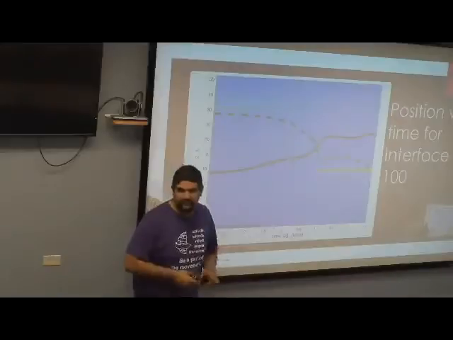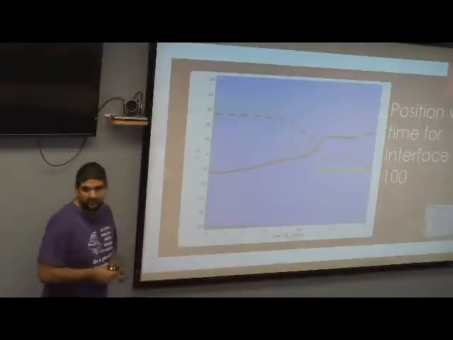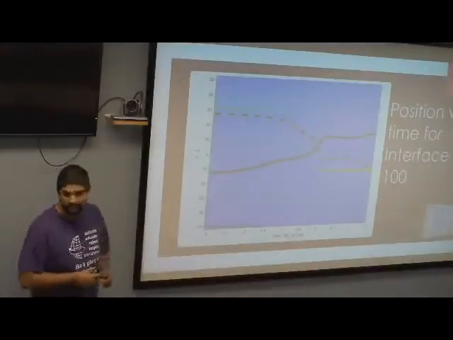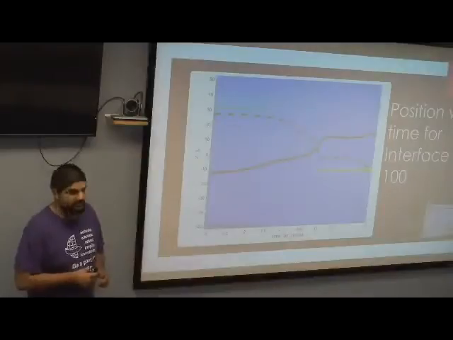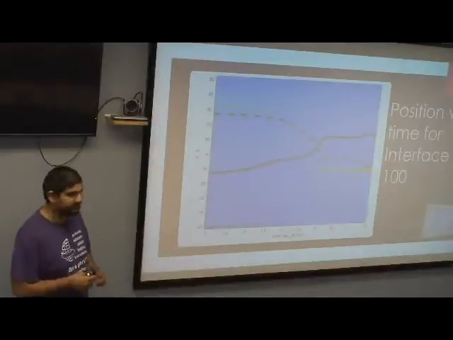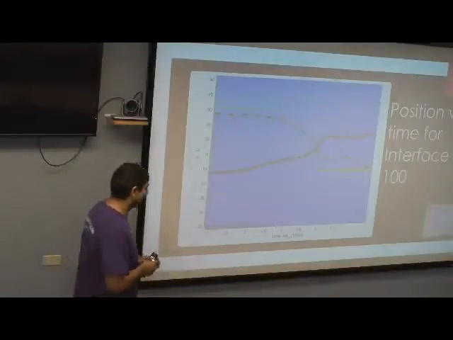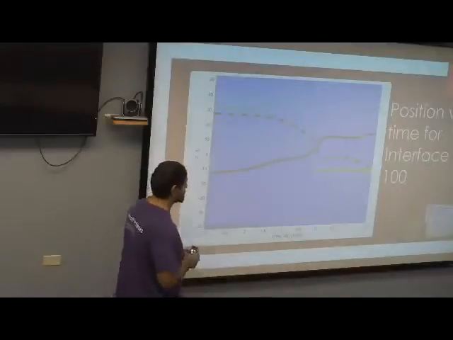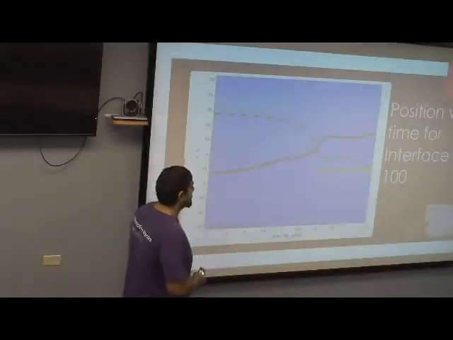Mm-hmm. All right. So what do you see, if you accept this definition? How do you interpret this figure? Okay.